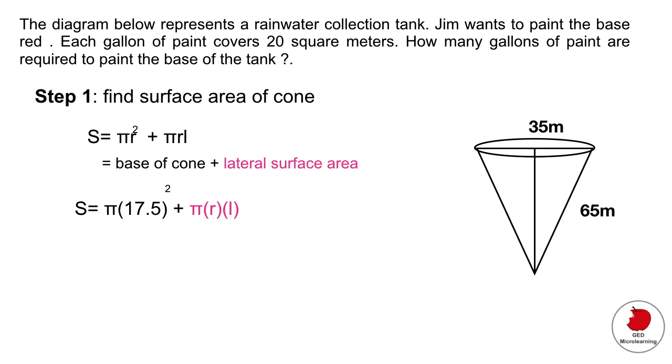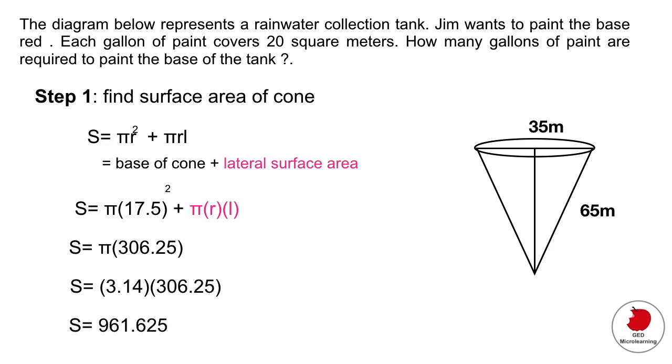So we would multiply r squared, or that radius squared, so 17.5 squared, which gives us that number, 306.25, multiplied by pi, okay? Pi is that symbol that looks like a table, and its value is 3.14. Okay, so we would multiply those two numbers, and that gives us the surface, the base of the cone. Okay, so that's step one.